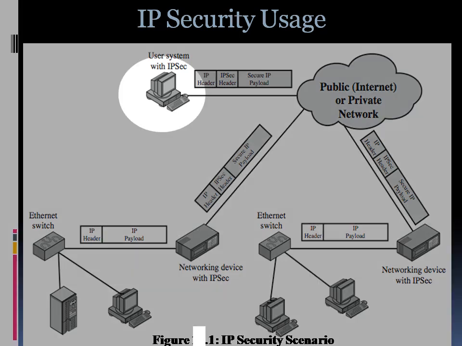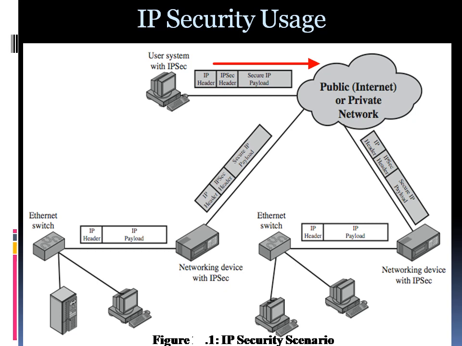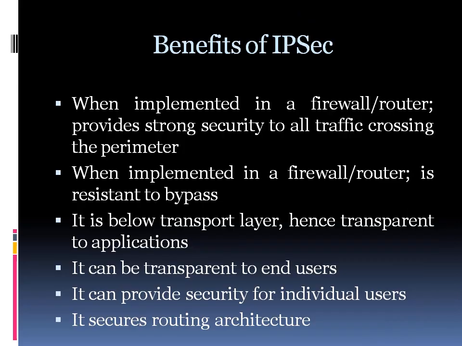Similarly, a user system can also have IPsec implemented into it, and it can go to the public network, and there again we will have a networking device with IPsec implemented. So this kind of secure transmission is also possible with individual users who dial into the WAN, that is wide area network.